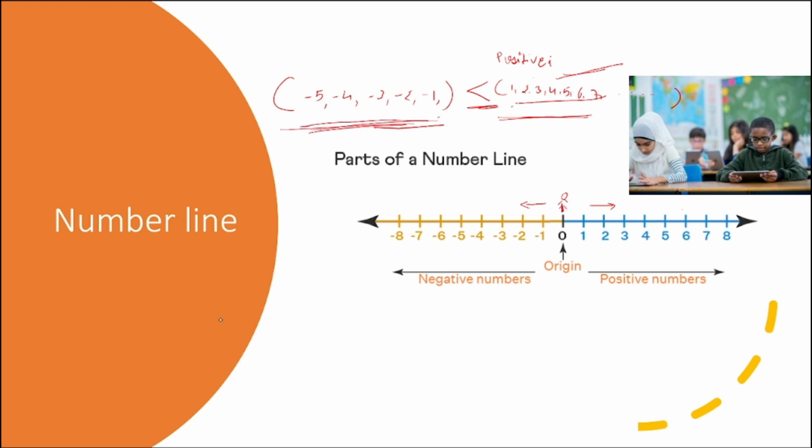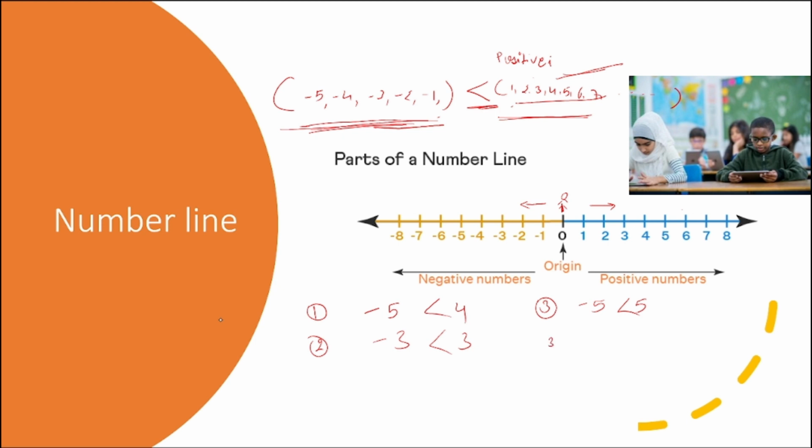Take an example again. -5 is greater than 4, or 4 is greater than -5? Obviously 4 is greater. Another example, -3 or 3, which is greater? Obviously 3. Again take 5: -5 is greater or 5 is greater? 5 is greater.